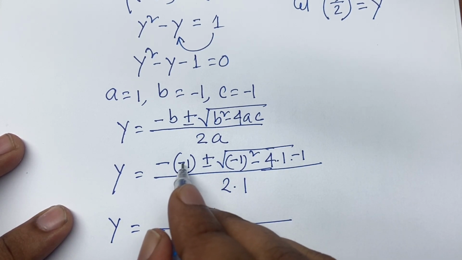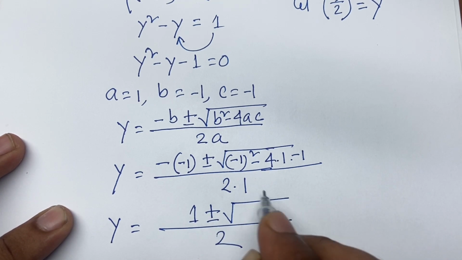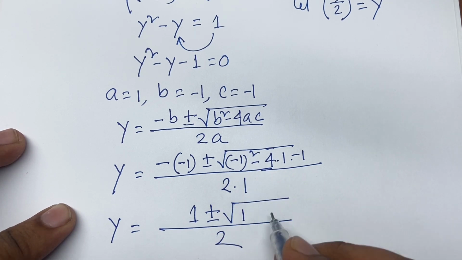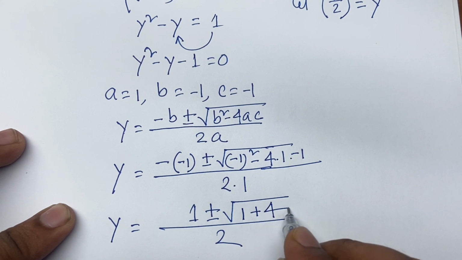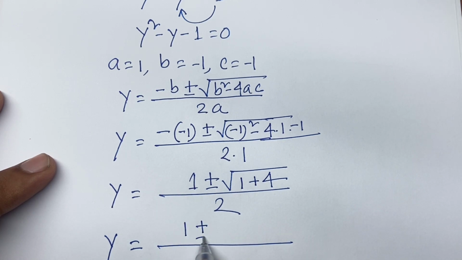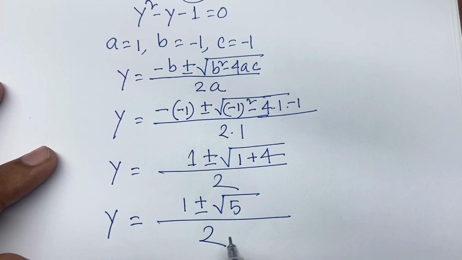Here minus minus is plus, and the square root of (minus 1) squared is 1. This minus and this minus is plus, 4 times 1 is equal to 4. Now y is equal to 1 plus or minus the square root of 1 plus 4, which is 5, over 2.